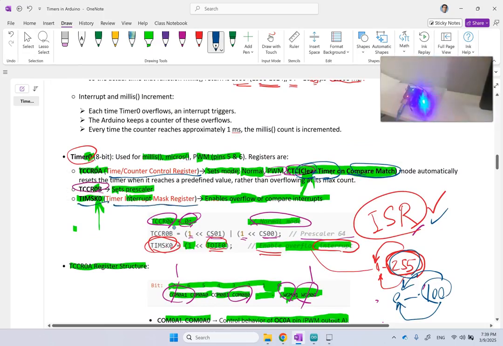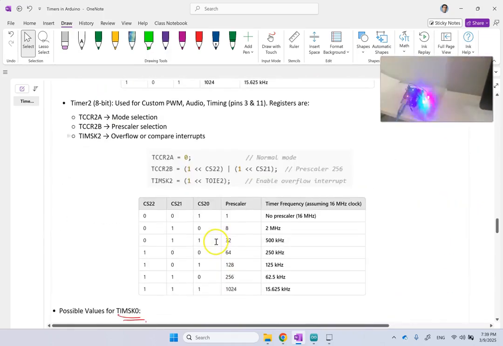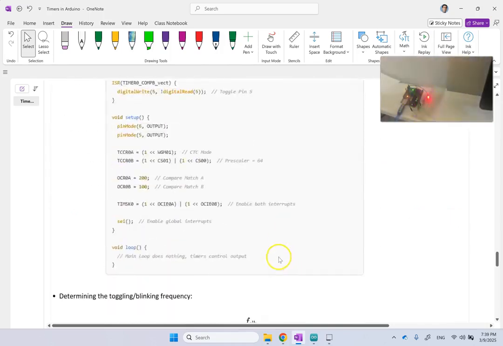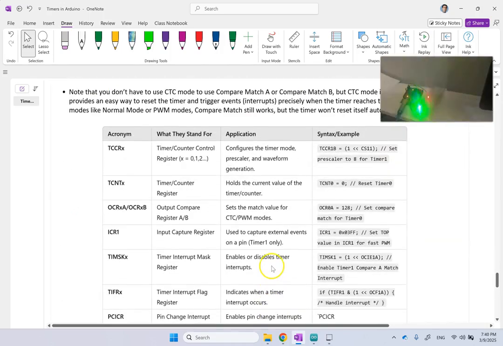TIMSK means timer interrupt mask register. What about these other variables? I see lots of new names appearing back to back, and I have no idea what these stand for. So I made you another table at the end of this presentation, and I tried to at least give you some of those names.